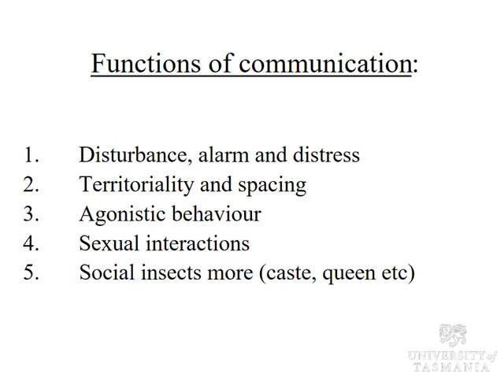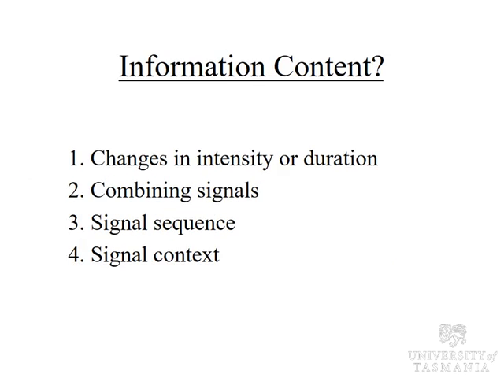Now, given we've got these number of functions of communication, there is a number of ways that any one insect can actually change that to provide content that's meaningful. You can either change intensity or duration. You can combine signals, so you might not only have a chemical signal, but you might have a sound signal involved, or two different types of sound signal at one point in time.